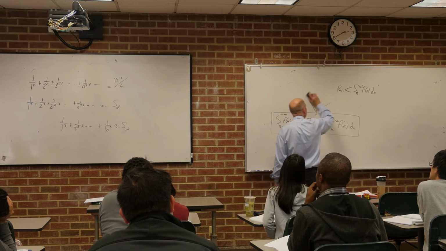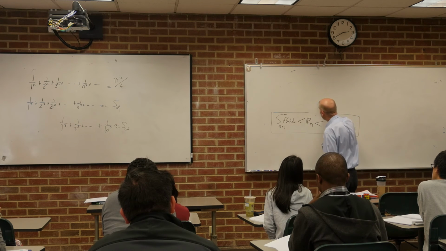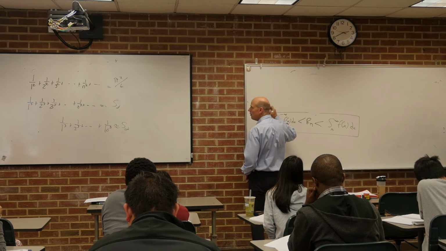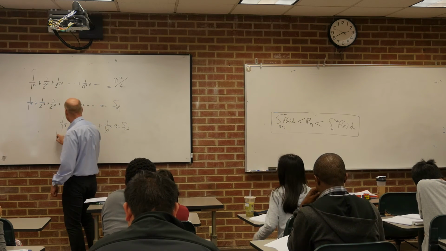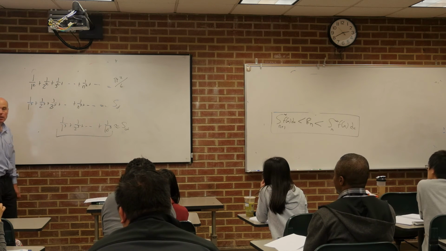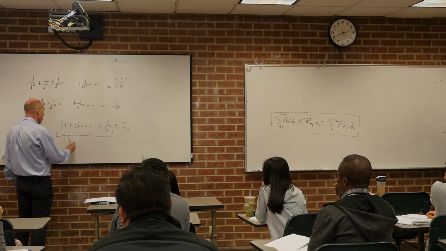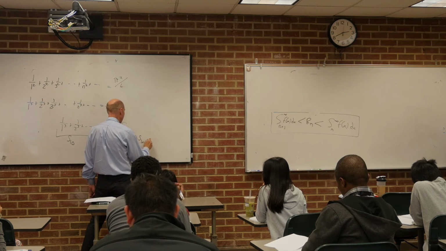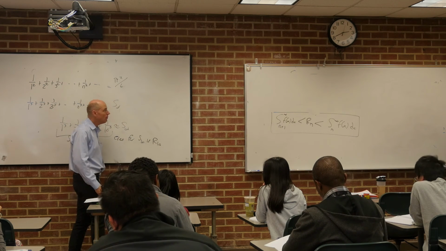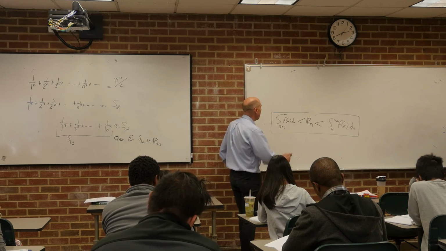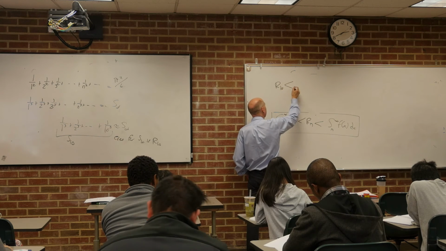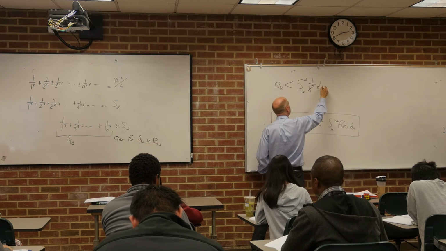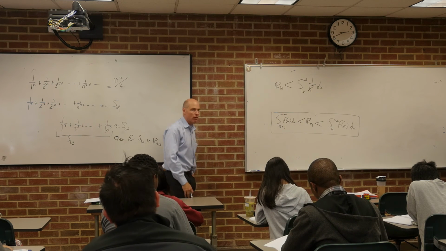Luckily, we can answer the question about the error by evaluating the integral. So which S is this? S1, S2, S10. And so the error for S10 is R10. And from our relation here, we know that R10 is smaller than the integral from 10 to infinity, in this case, of 1 over x cubed dx.